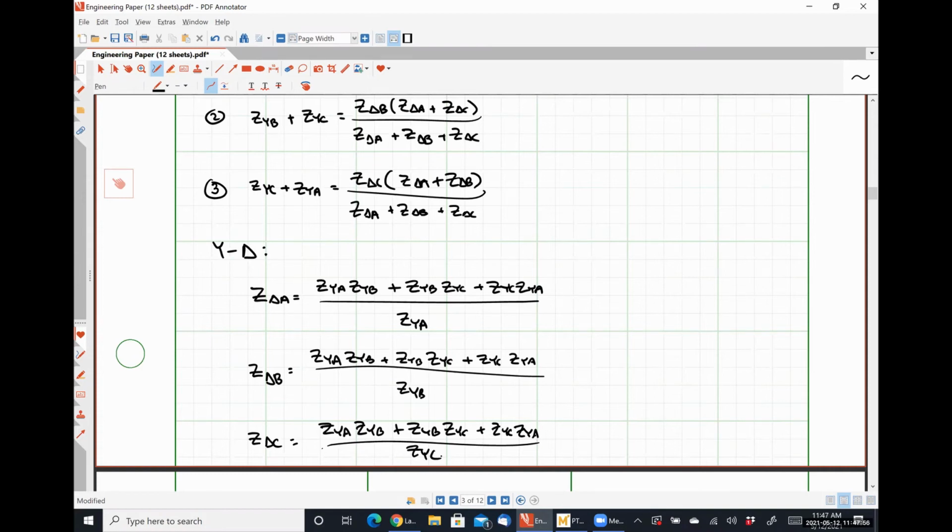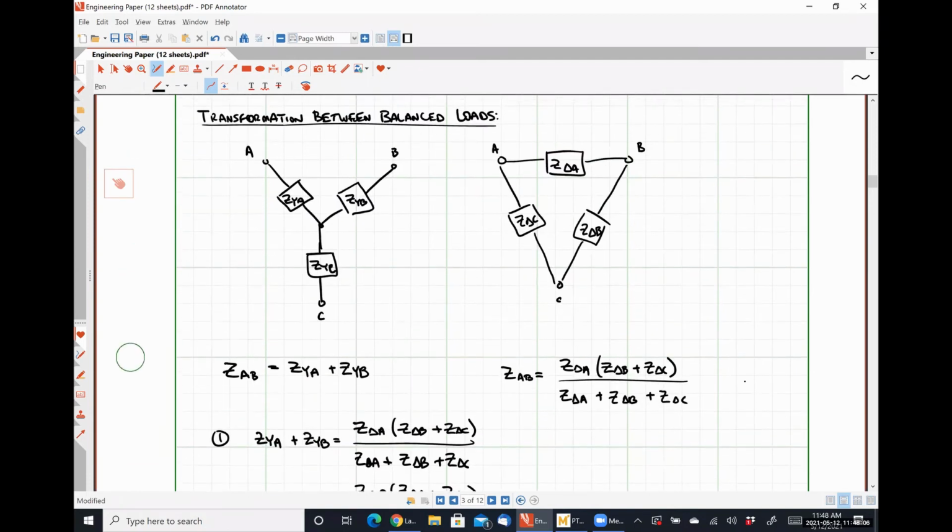This just goes to 3ZY. Same thing for the other two. So for a balanced system, when we're going from left to right, we just multiply by a factor of 3. So I can say that Z delta is 3ZY. Okay.